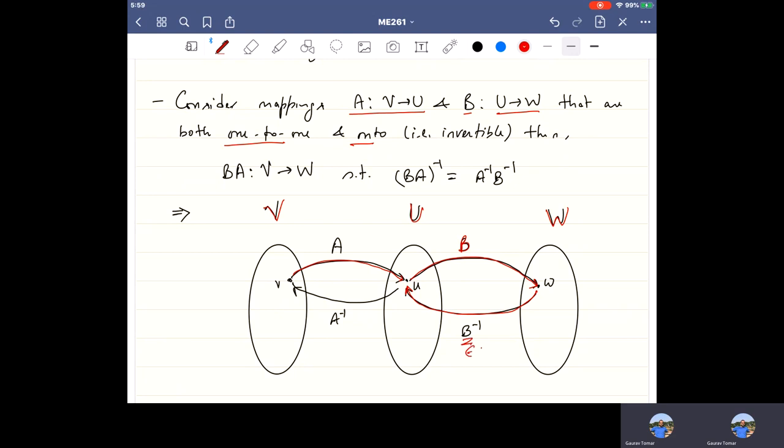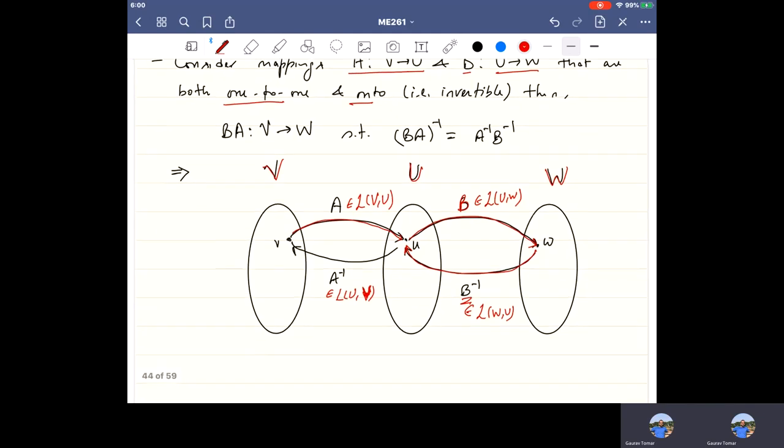So B inverse belongs to the linear transformations from W to U, whereas B belongs to the linear transformations from U to W. Similarly, A belongs to the linear transformations from V to U, and A inverse belongs to the linear transformations from U to V. Correct?